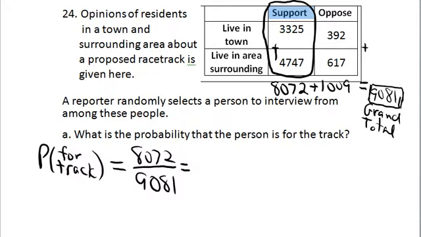So we need to be able to factor those reasonably large numbers. I noticed that 8,072 is even, so I know it'll divide by 2. It divides by 2, and the next biggest factor will divide by 2 again, and then the next biggest factor will divide by 2 again, and it leaves you with 1,009.